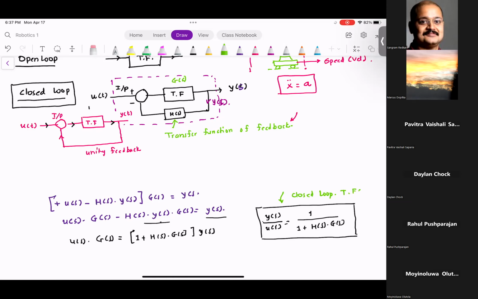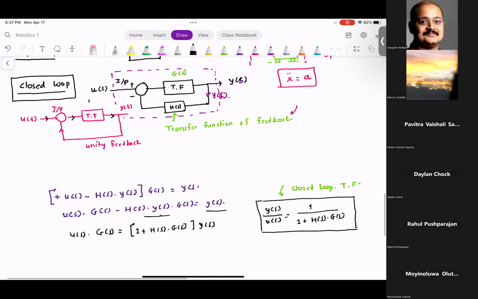Now, if you have a feedback, then because of the feedback, the poles and the zeros of the transfer function are modified. This transfer function approach is extremely important when we are trying to perform something called system analysis.